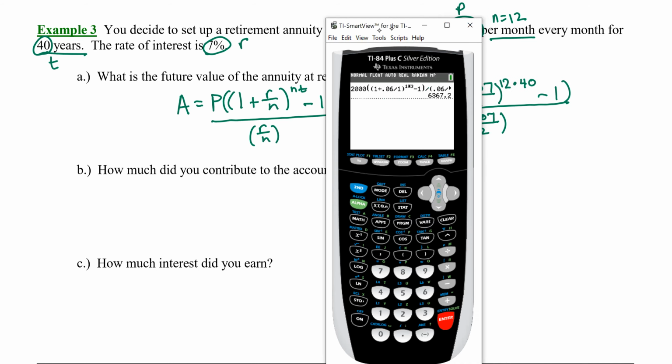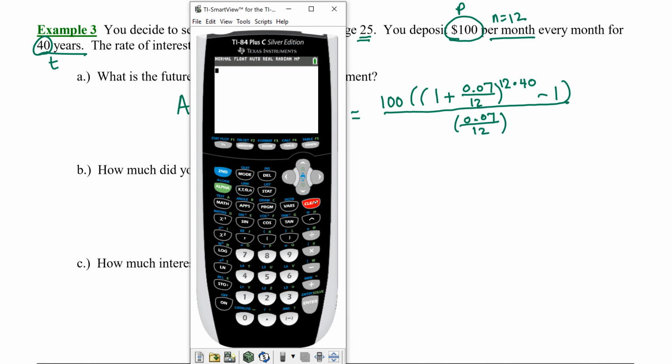Okay, let's get this typed into our calculator. So we're going to start with our $100 deposit, open parentheses twice, 1 plus 0.07 divided by 12, close parentheses, exponent, 12 times 40, right arrow key to get down out of the exponent, then subtract 1, close parentheses, fraction bar gets entered as divided by, open parentheses again, all parentheses are necessary and important, 0.07 divided by 12, close parentheses.